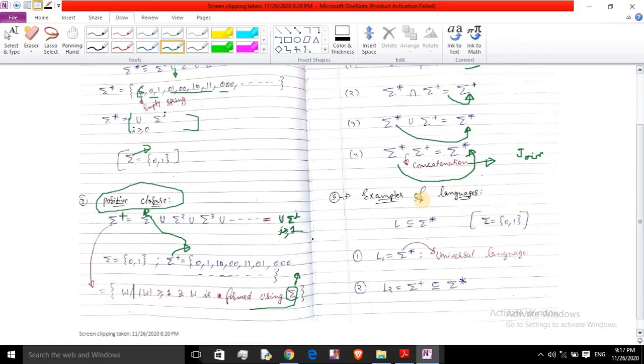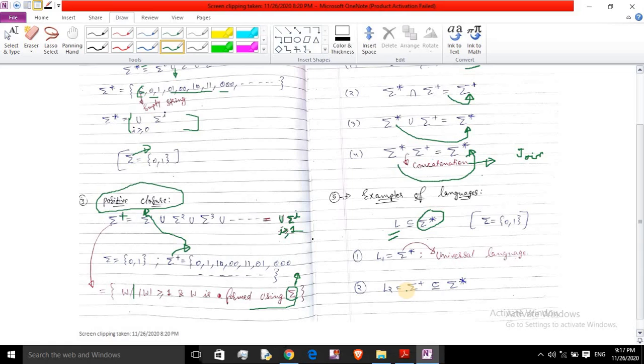Example of languages. Suppose how we will define it. Language, we already told you about it. A language is a subset of the universal language. We can also say it is a subset of the Kleene closure. So sigma is 0, 1. There is a language L1 which is equal to the universal language.